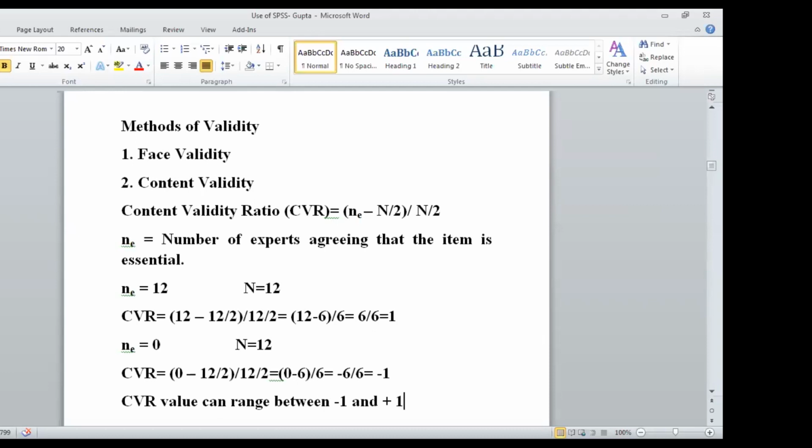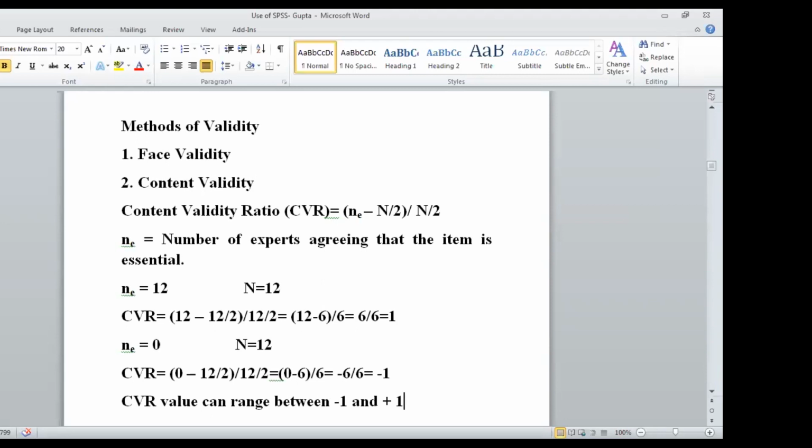This is how you can find out the CVR for each item. You should do this even before you come to item analysis, because once you have the data from the experts, you can find out the content validity. This is the one which you can always establish.